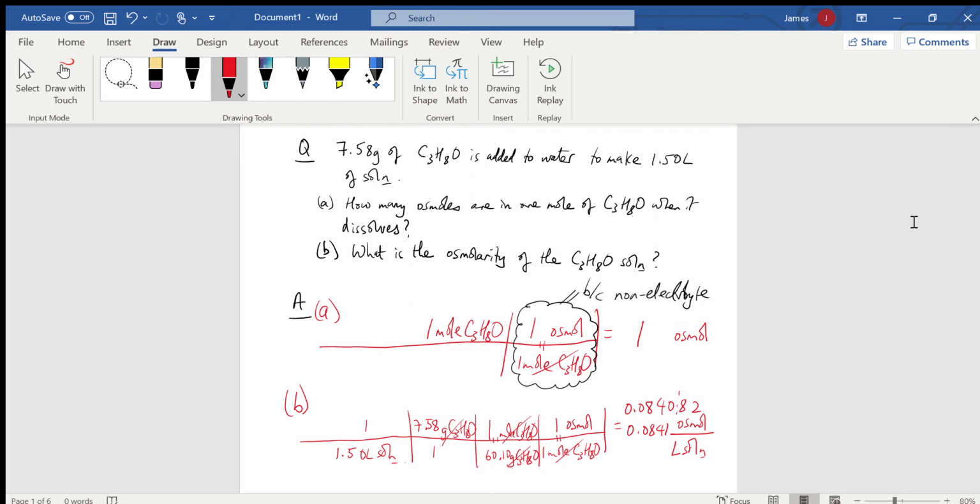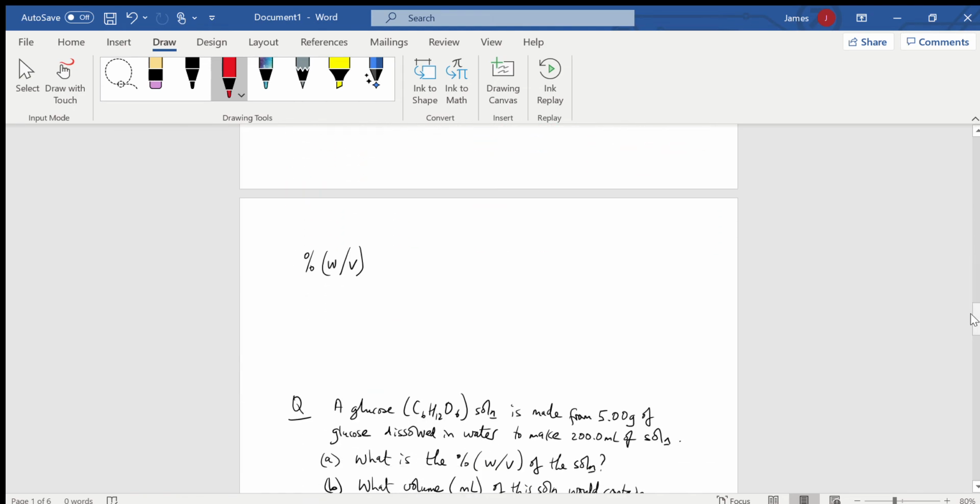The next thing I want to look at is weight volume percent. There are variations of weight volume percent. You can have weight percent, volume percent, but if we do weight volume, you'll get the idea.